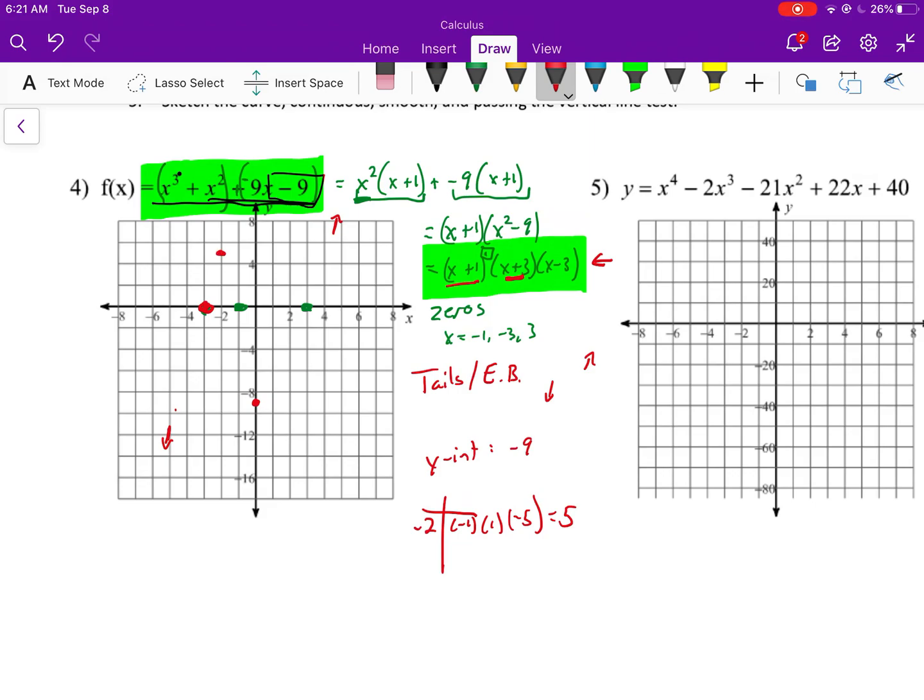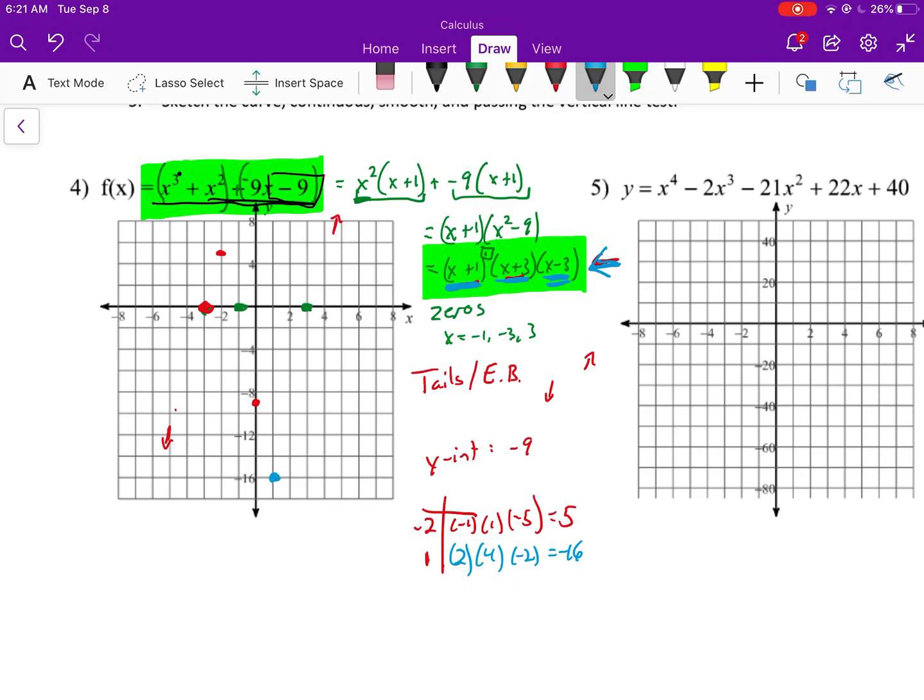Which is here. We have our y-intercept here. We could choose another point if that's going to be helpful. Let's go ahead and plug 1 in. Again, I'm going to put it into the factored form. To me, that's a little easier. So 1 plus 1 is 2. Now put 1 in for x here. 1 plus 3 is 4. And then 1 minus 3 is -2. And we get -16. So 1, -16 is way down here.